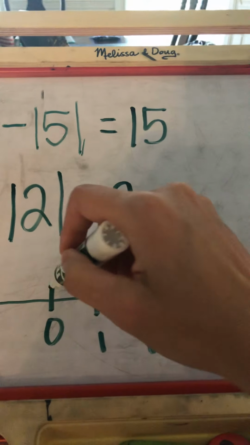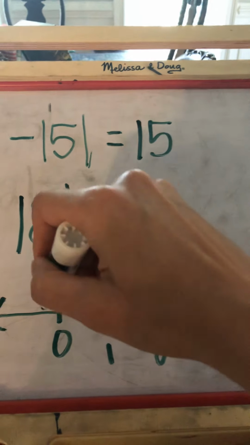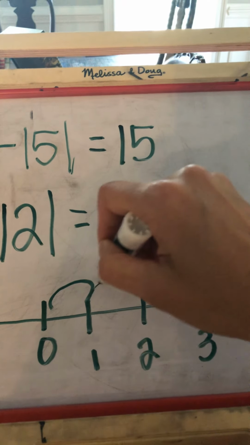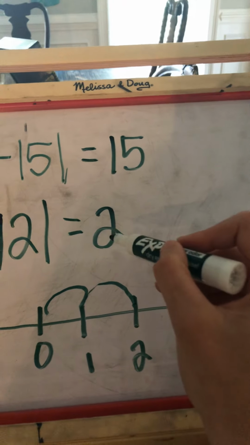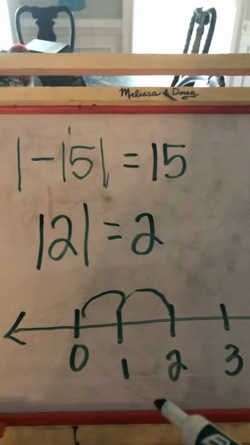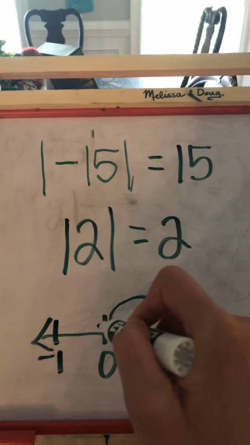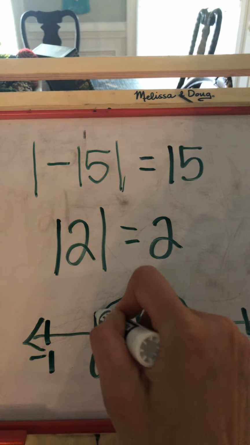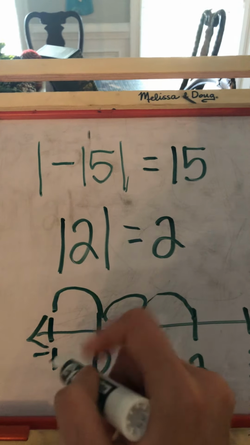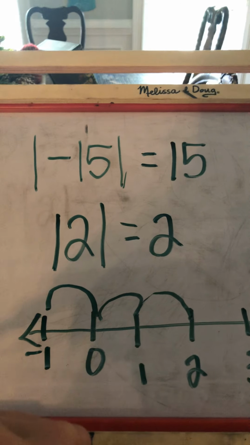If I start at 0 and I hop to 2, I would make 2 hops. So that's the distance. Okay, even if I was going over here to negative 1, I'm starting at 0 and I'm counting my hops. 1 hop. That's a 1, a positive 1.